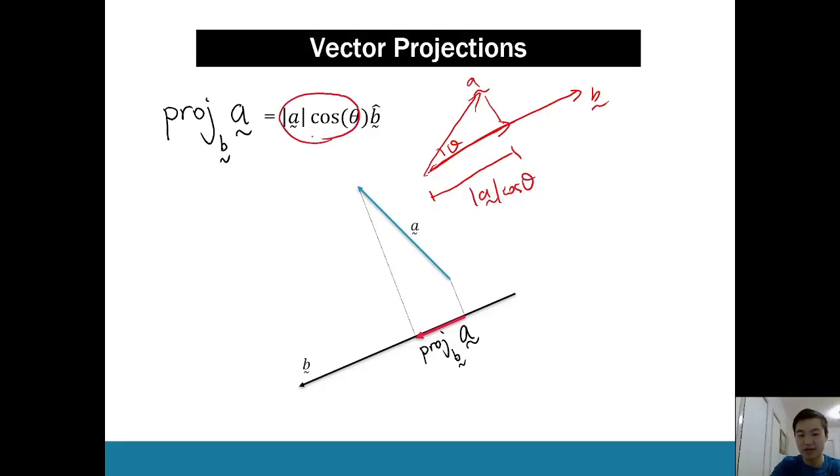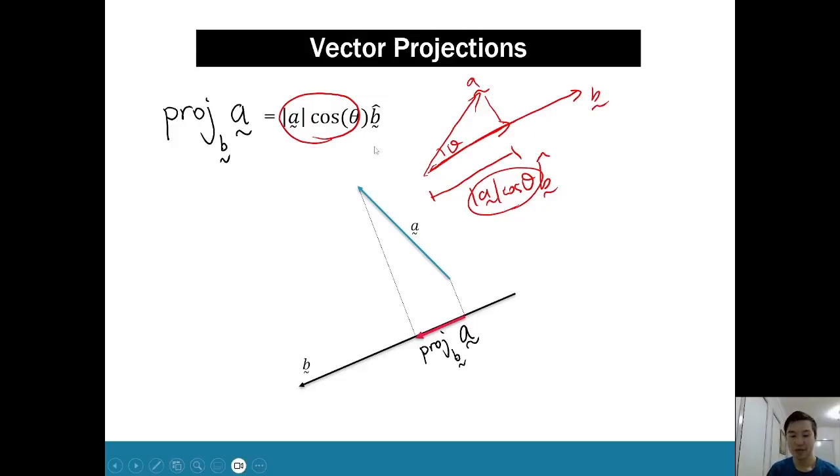So that accounts for the length. But in order to get the direction, to make sure it's not just a length that could be going in any direction, we're going to multiply it by the unit vector of B. So that is in the same direction as B, but with a magnitude of this result here.